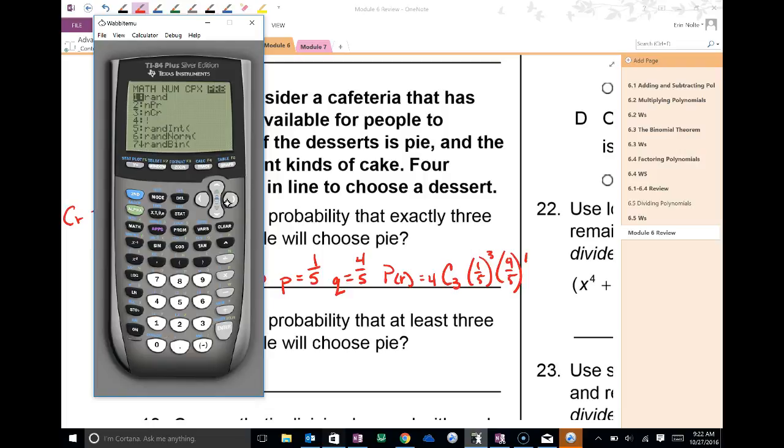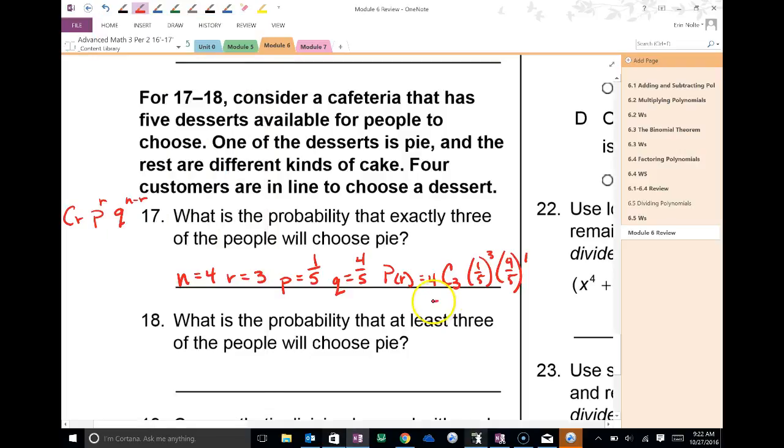The 3rd option is your combination, so you hit 3. Make sure afterwards you hit times, and now we're going to do 1/5, so 1 divided by 5 to the 3rd power, and 4/5 to the first power. I don't really need to say first power, but what the heck. So what percent would you say that is? Yeah, let's call that 2.6.